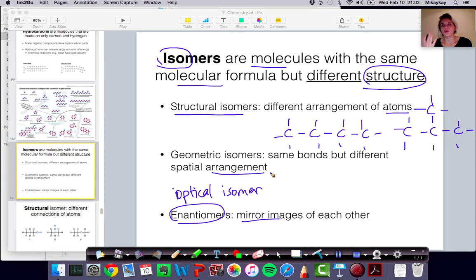You wouldn't actually be able to take your image in the mirror and turn it around and put it on your face, right? Or like your hands are mirror images of one another, right? One has the same shape as the other, right? They're reflections of each other, but you can't actually put your hands on top of each other and have the exact same shape. There's a difference between them. They're mirror images. So those are different types of isomers.